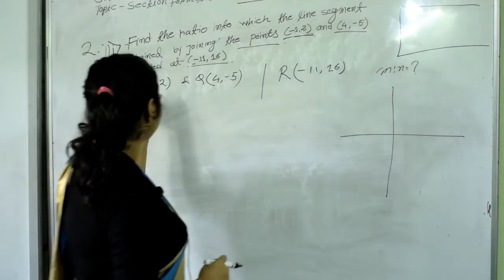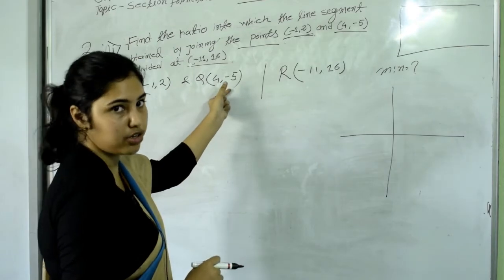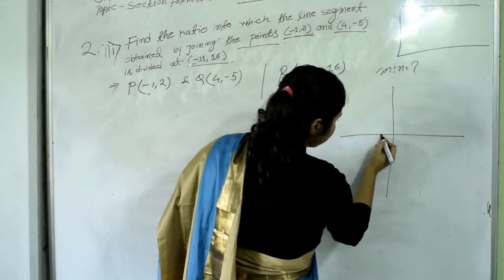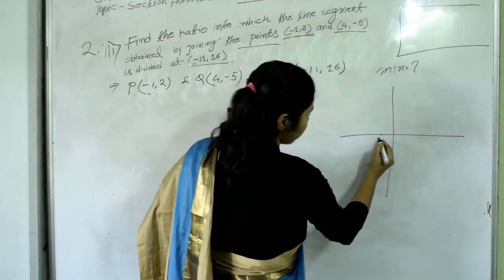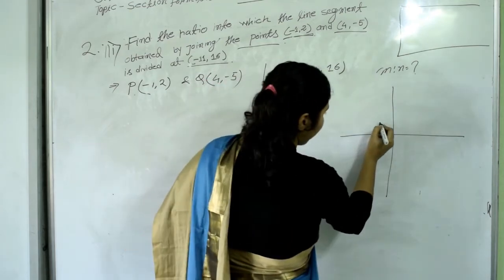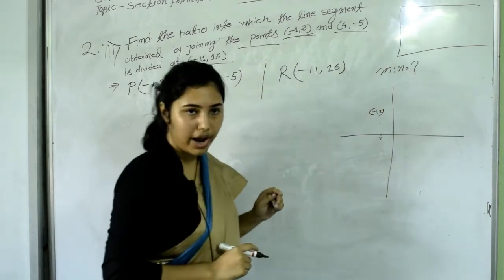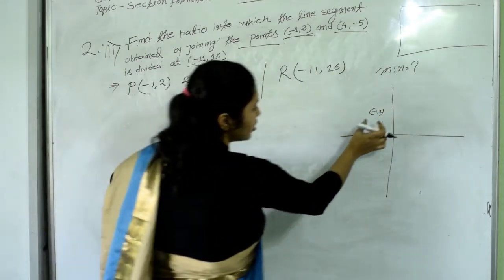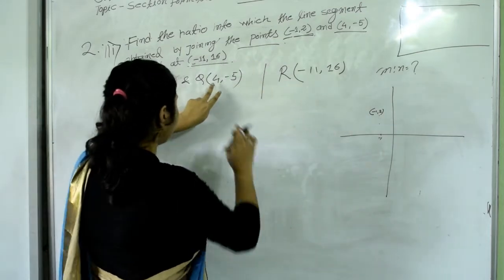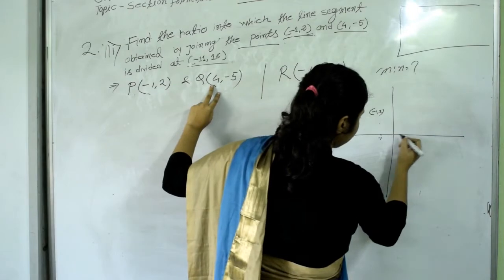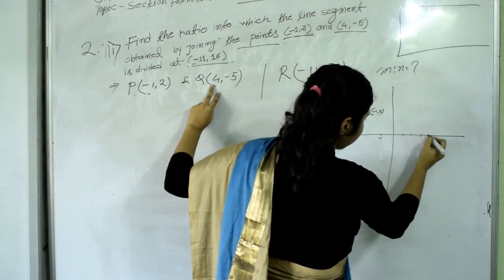So first plot these points in your notebook. -1, 2. Approximately, suppose this is -1, 1, 2. So here -1, 2, right? Just put these points approximately. Now 4, -5. 1, 2, 3, 4.